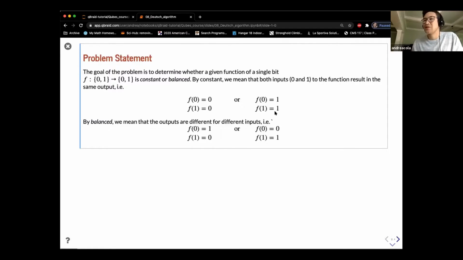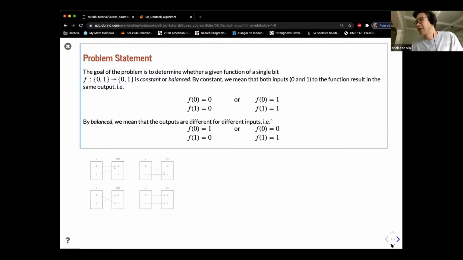The other alternative is that the function is balanced, meaning that one of the inputs maps to 0 and one of the inputs maps to 1. The two possibilities for this are f of 0 equals 1, f of 1 equals 0, or the reverse: f of 0 is equal to 0 and f of 1 is equal to 1.